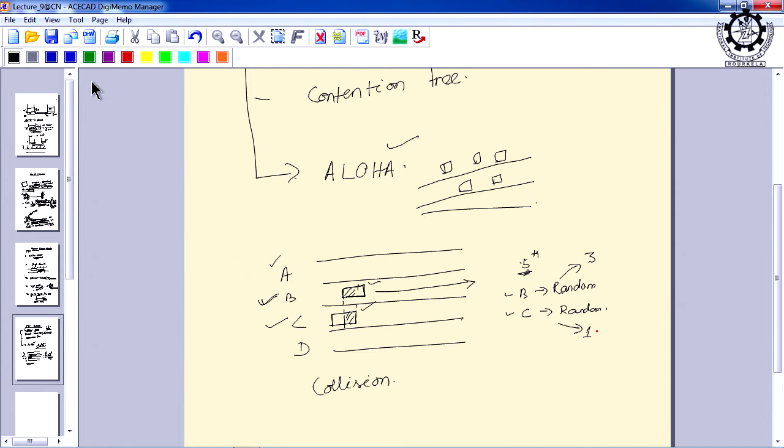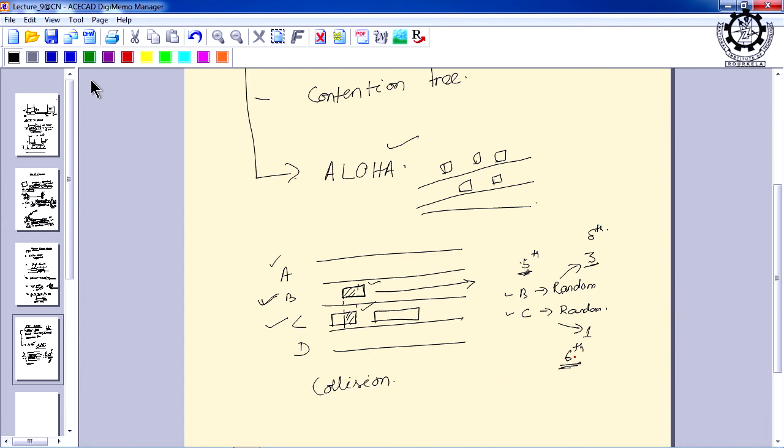Who gets the channel first, who is ready to transmit again? C. So, at 6th second, C is ready to transmit and starts its transmission again, and B is ready at the 8th second, because the random waiting time has expired.